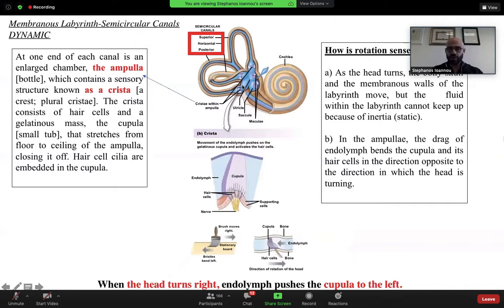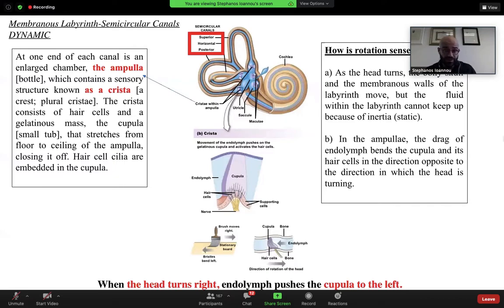The ampulla contains the organ of crista, which is a sensory organ made up of a gelatinous mass called the cupula, as well as hair cells that sense how the cupula is behaving based on the position of our body.